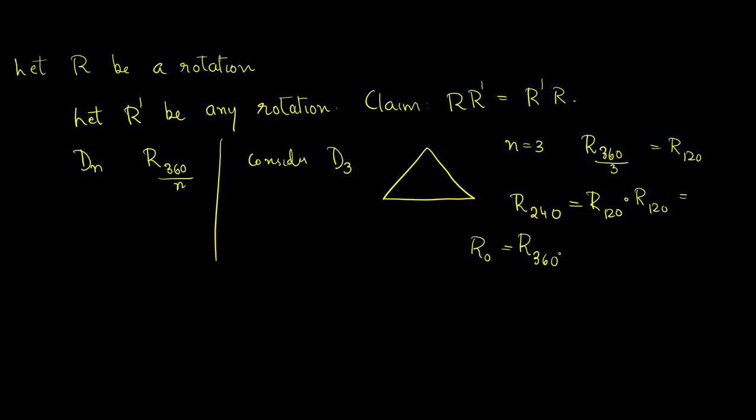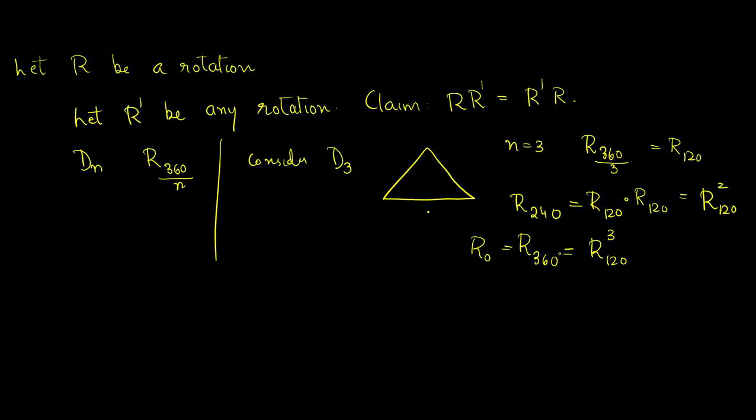So it is nothing but R120 square. And similarly here I will have R120 cube. If I rotate the entire triangle by 120 degrees three times, I get R360, which is nothing but R0, right?